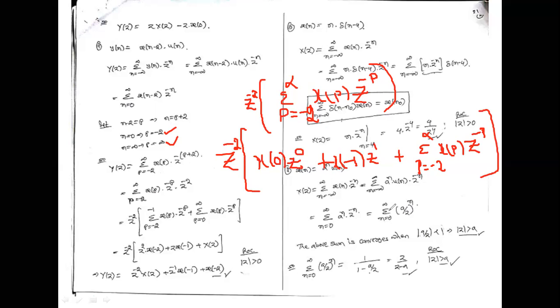Don't think that is a before value. z into x of minus 1, and z square, when substituted, is z square into x of minus 2, after the expansion. And minus 2, minus 1, and the 0 is also there. What is 0? x of 0 into z, x of 0 into the z value, and so on.